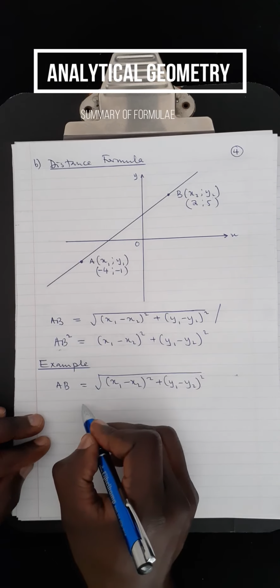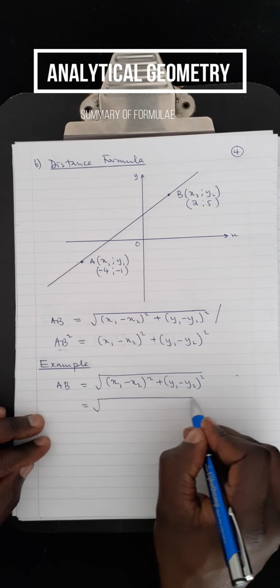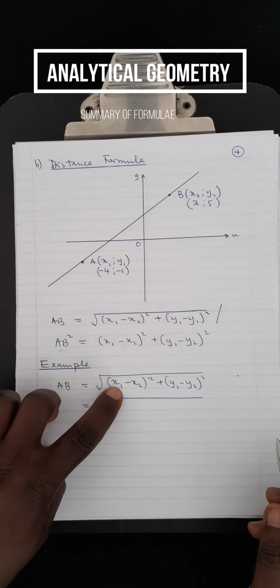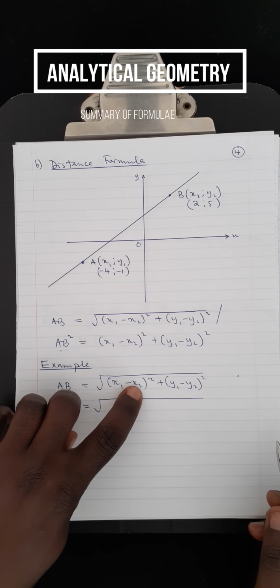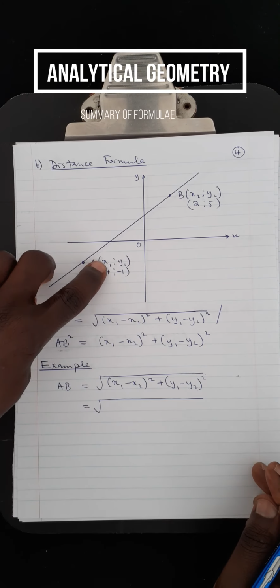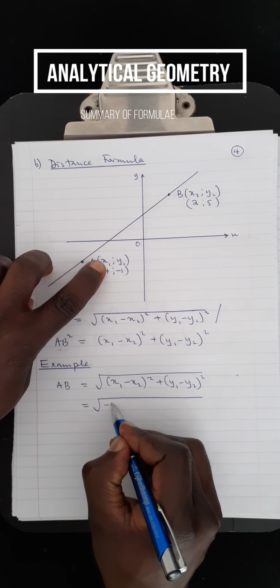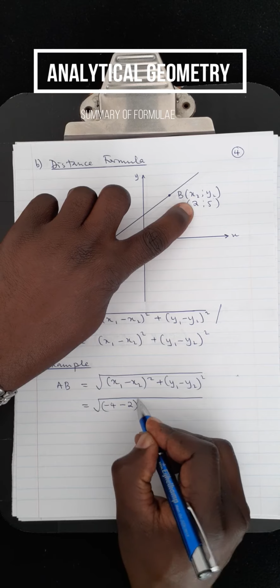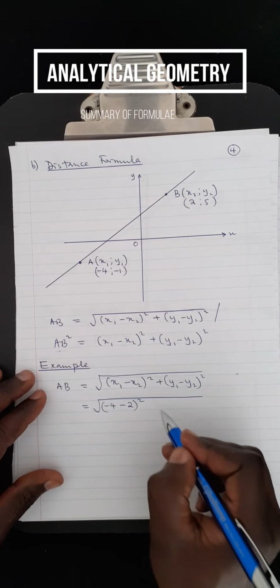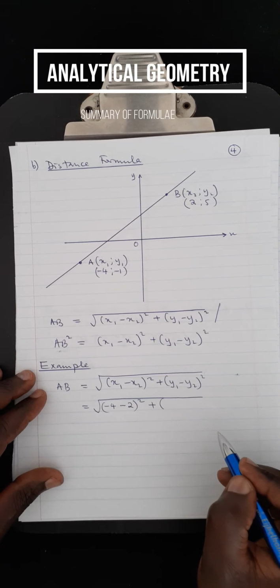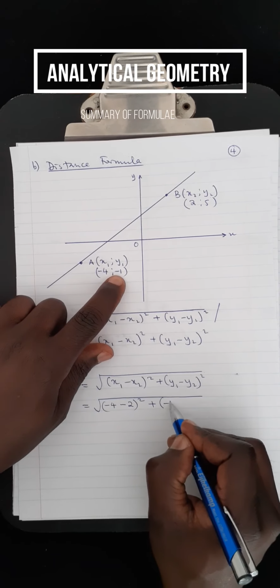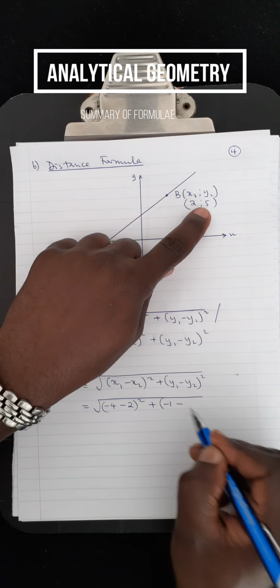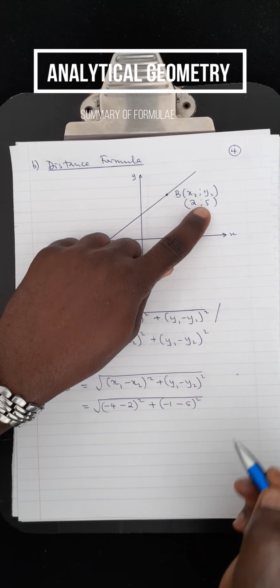So substituting, we have x1 minus x2, using the first coordinate here, the -4, subtracting the 2. The result, we must square it, plus the y1, -1, subtract 5. The result, we square it.